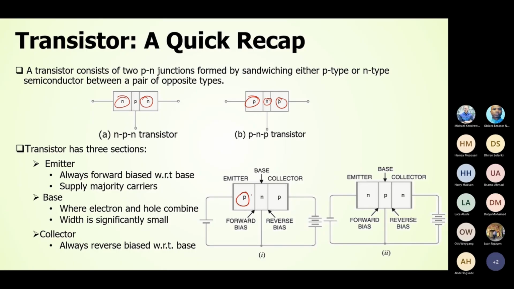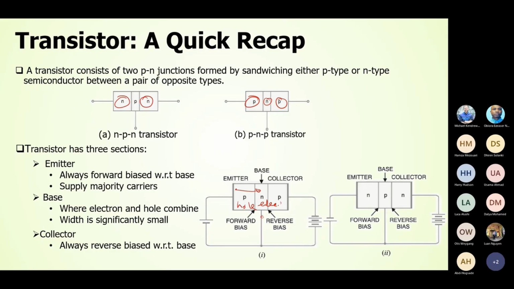Because when this part is forward biased, then the majority carrier will be pushed from this part to here. And here we have minority carrier. So in this case, this is electron. Here the majority carrier is hole. Okay. And here the majority carrier is electron. So electron and hole will combine, and that will give rise to a base current, and the remaining will go to the collector.